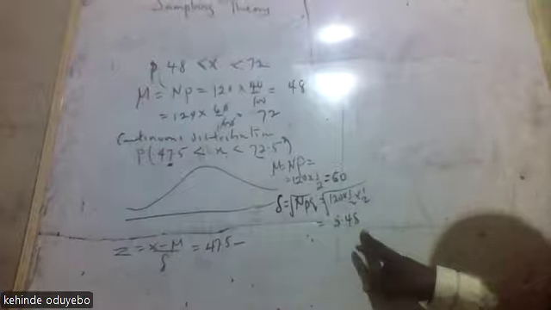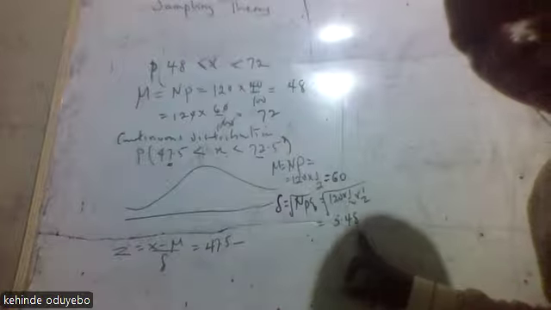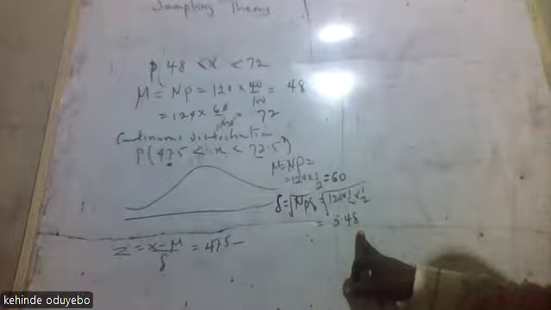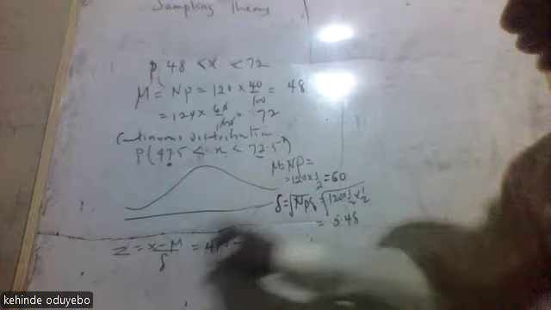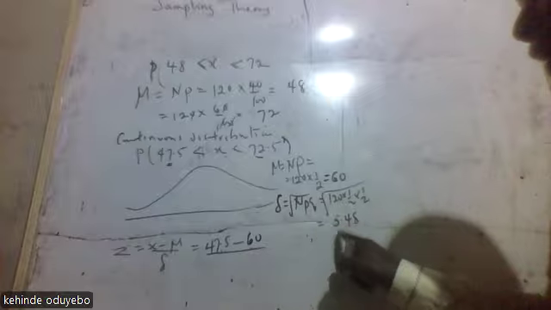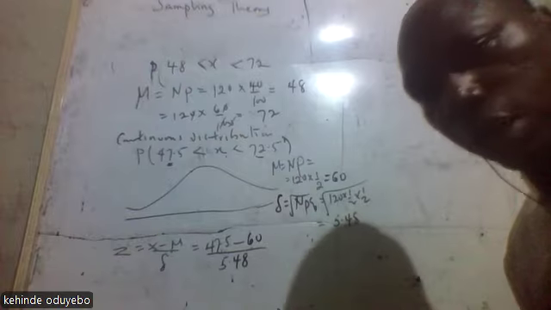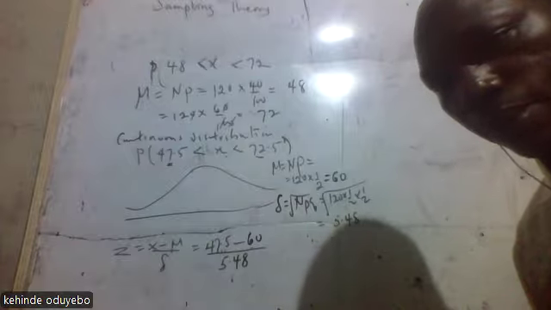Okay, 5.48. You agree with it? I agree with it. So substitute the mean now. Mean is 60. Standard deviation is 5.48.